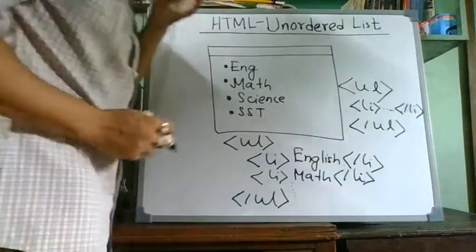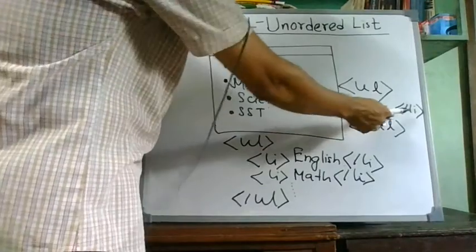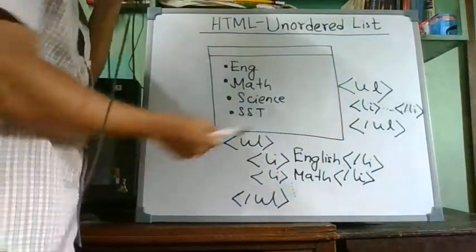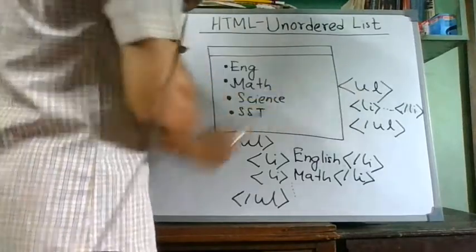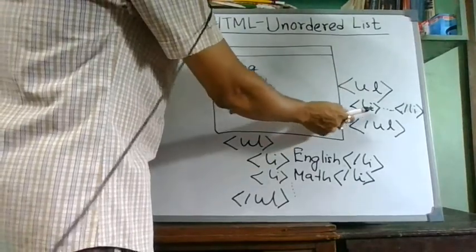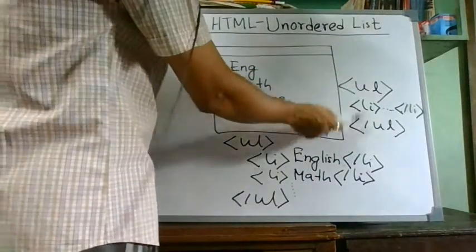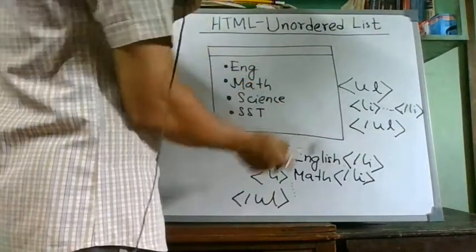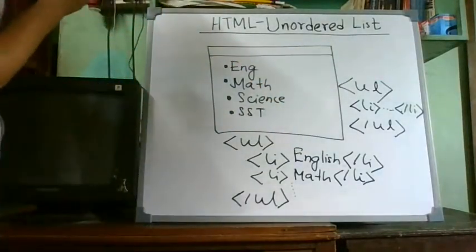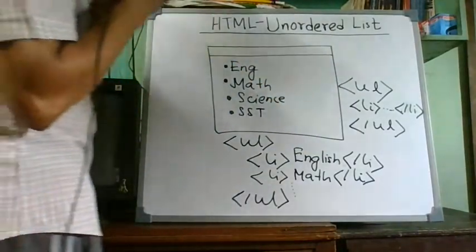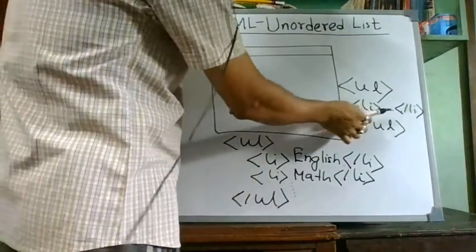Li tag is also a container tag that has a starting and ending tag. So the full form of UL is unordered list and li means list item. Within the starting and ending UL tag, we use the li tag to add items of the list.